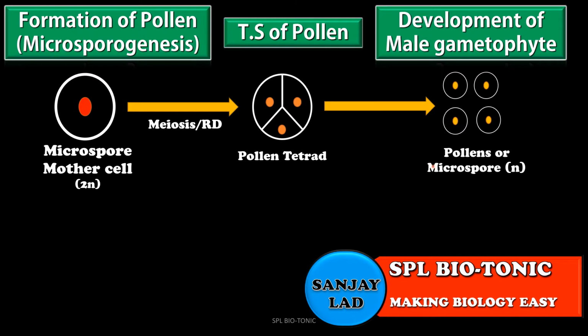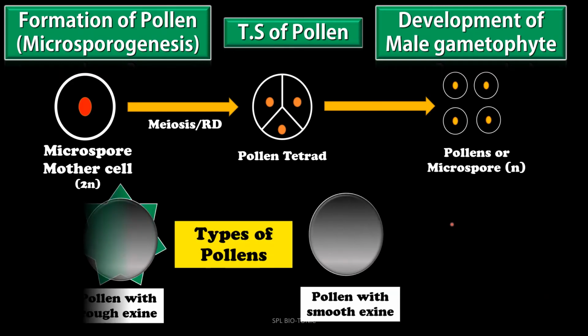These pollens are haploid in nature. As at the end of this process, microspores are formed, therefore, this entire process is called microsporogenesis.